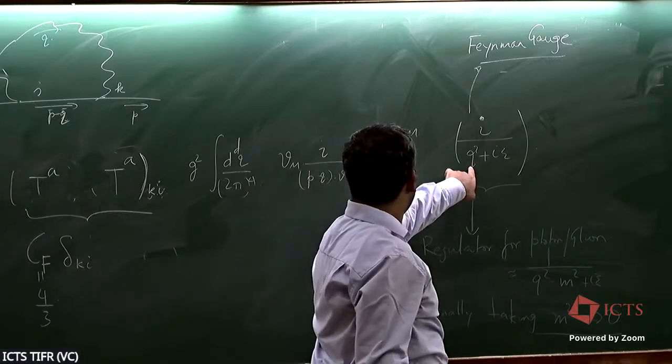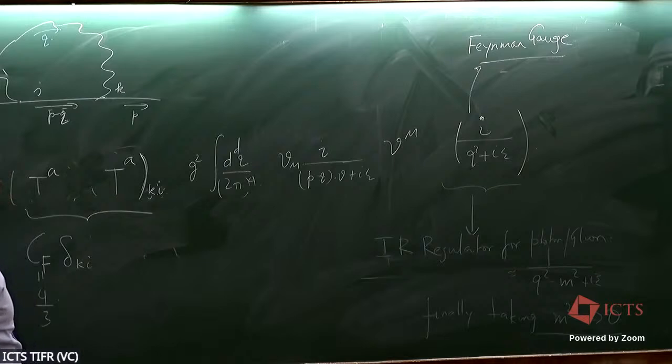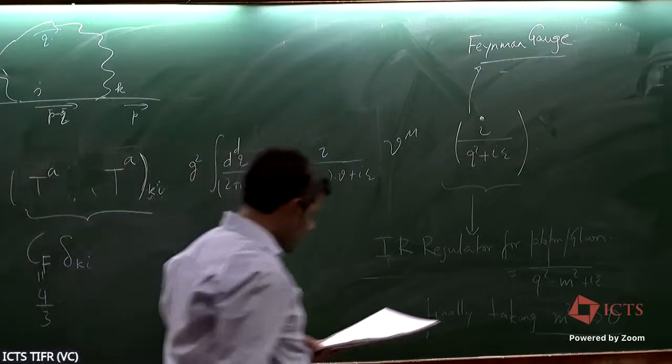This is 1 by q squared, but it's not sitting inside the gluon propagator. Just 1 over q squared.